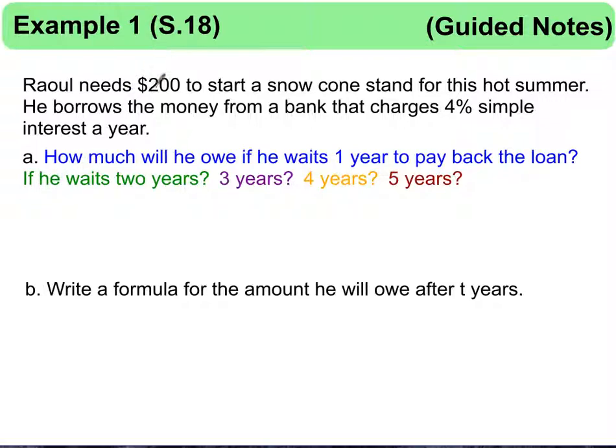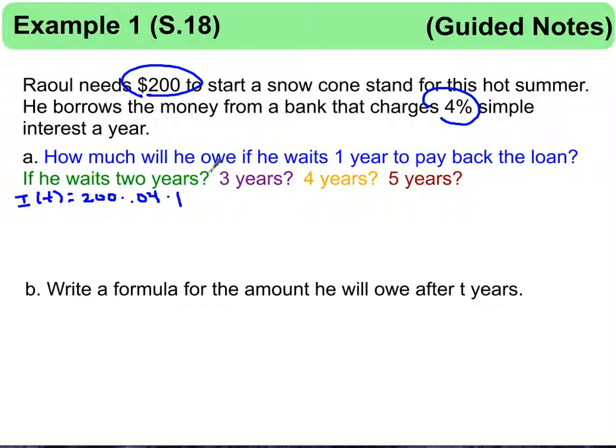So he has initially $200. There's a simple interest of 4%. So we know that I(t) is equal to the principal amount that we have, that's the $200 that I borrowed, times 0.04, my decimal as a percent, and then multiplied by 1 year.